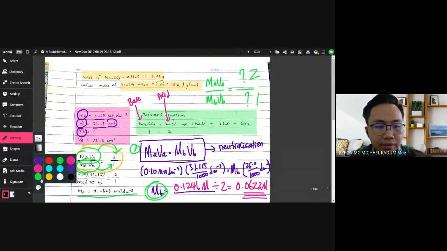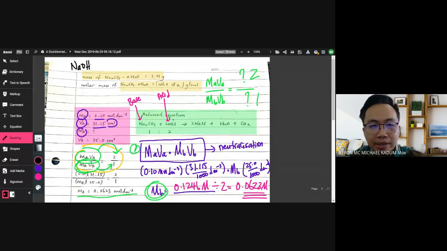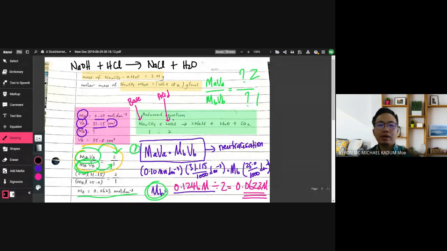Let's say kita ada satu jenis base, NaOH. Nampak di atas ni? Ini adalah base, tambah dengan acid, HCl. Hasil dia akan sentiasa dapat garam, ini garam, dan juga air. Ini dia punya hasil. Mesti ada air dihasilkan, neutralization. Dan selebihnya tu akan jadi garam lah.